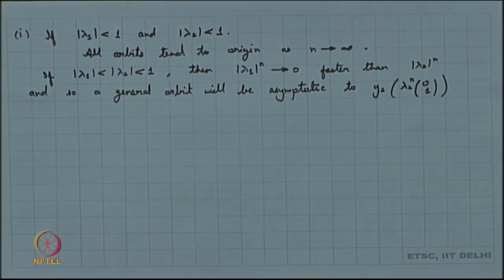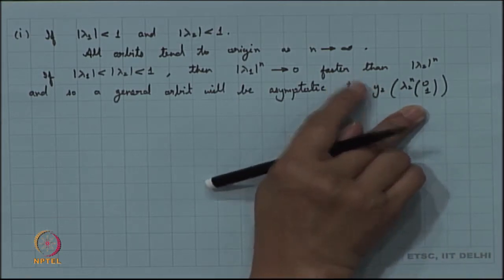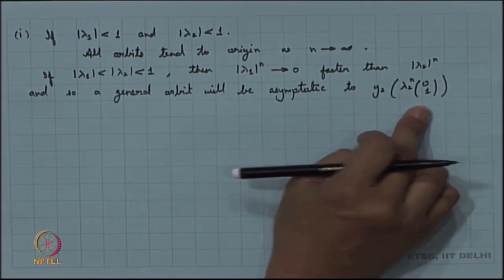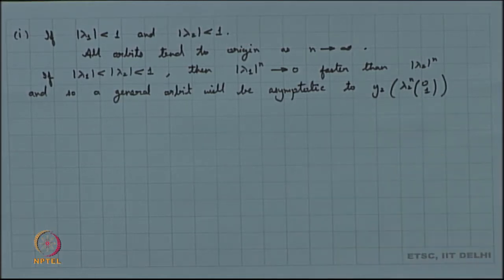So, the general orbit, this will be the dominating factor because the other is tending to 0 faster. The general orbit will be asymptotic to this y2, and we also know that y2 is tending to 0. So, ultimately everything will tend to 0.